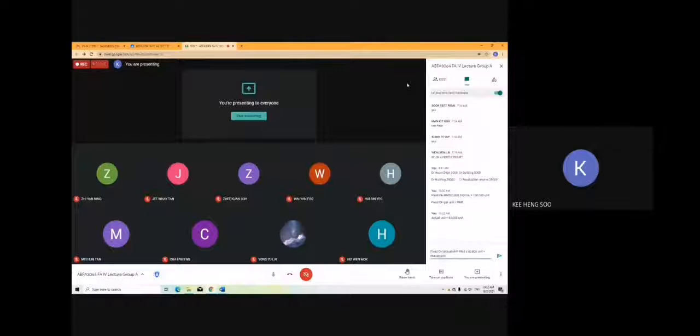Okay, here. Can you see the point here? Fixed overhead is 500,000. Allocation is 400,000 only. Then what happened to the 100,000?